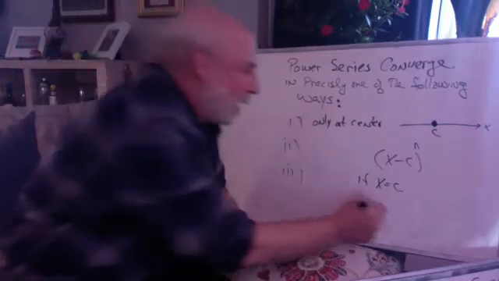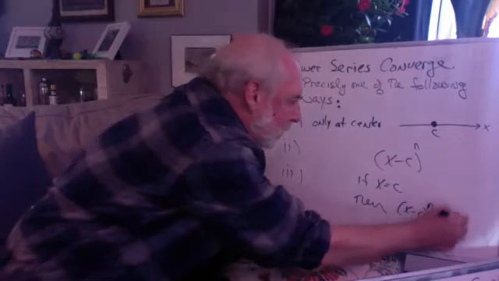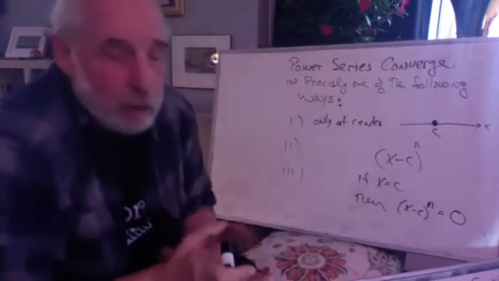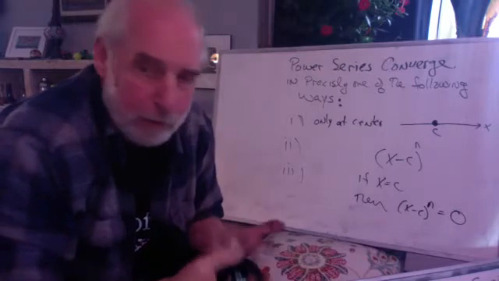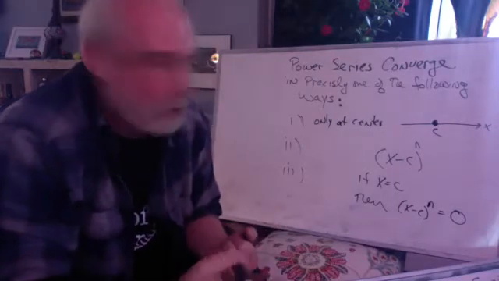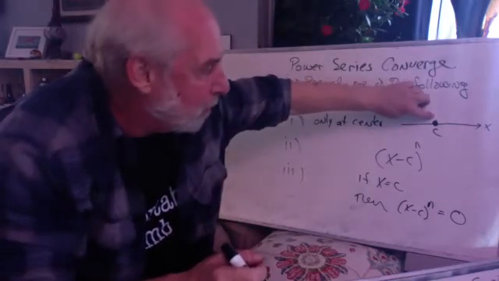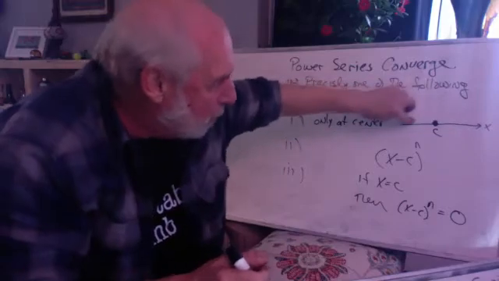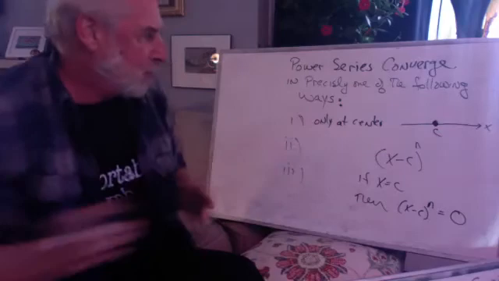Yeah, Kat, you got it. Then x minus C to the n is equal to 0. And so your infinite series just becomes 0 plus 0 plus 0 plus 0 plus 0, and it converges. Okay, but that's not a very interesting power series. It only converges there. For any other value of x, it will diverge. So one way is only at the center.